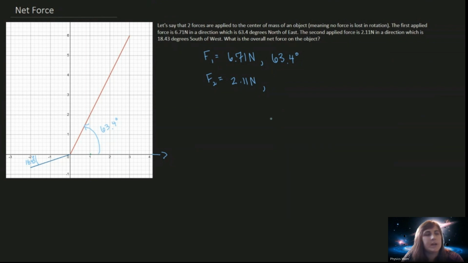When I add 180 degrees to it, I get 198.43 degrees.